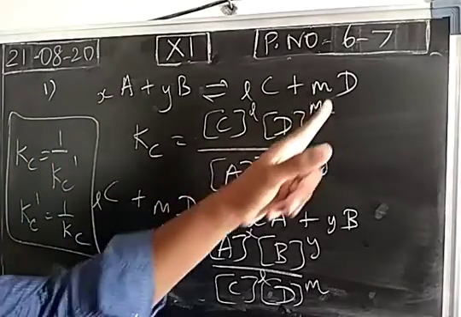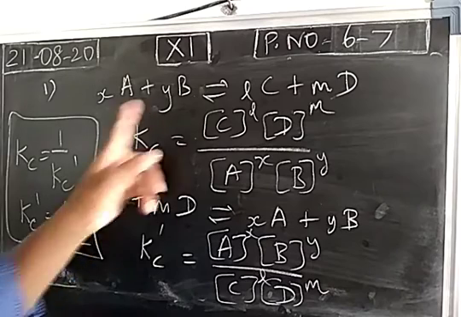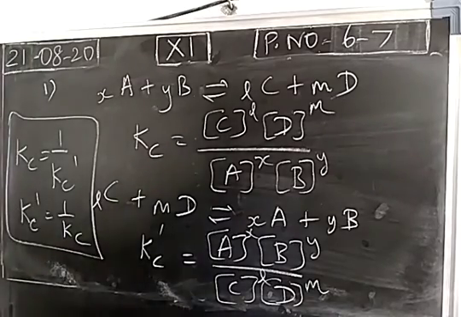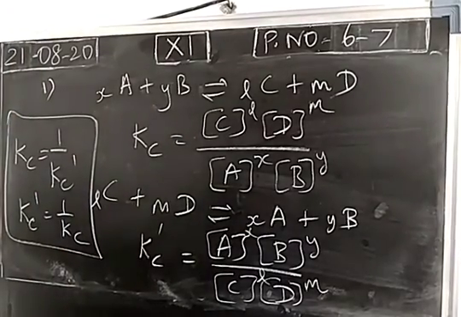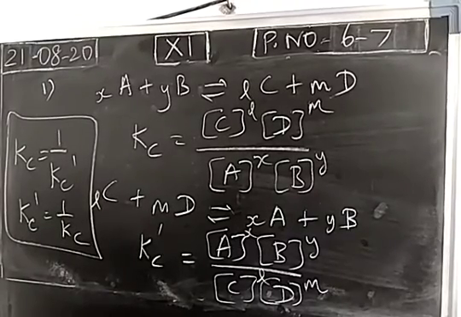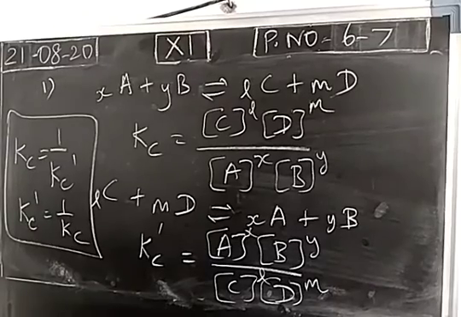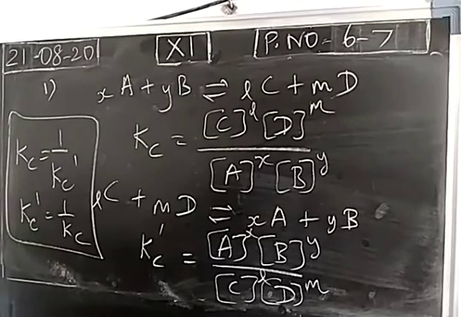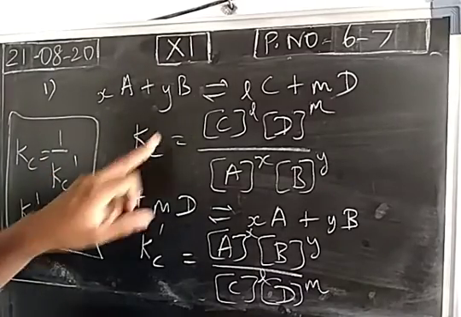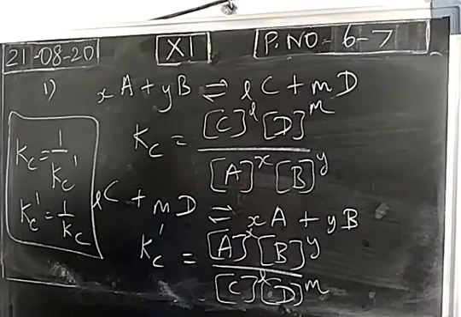So this is called a formation equilibrium process, and this equilibrium constant Kc is called the formation equilibrium constant. Next, the reverse process.